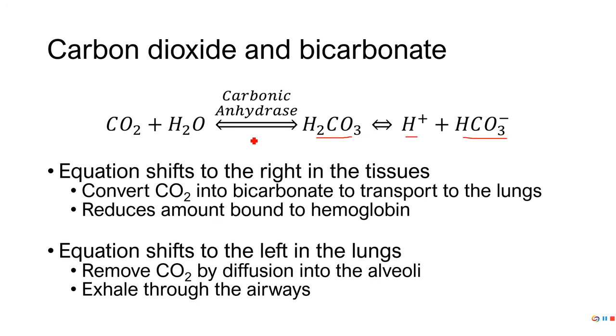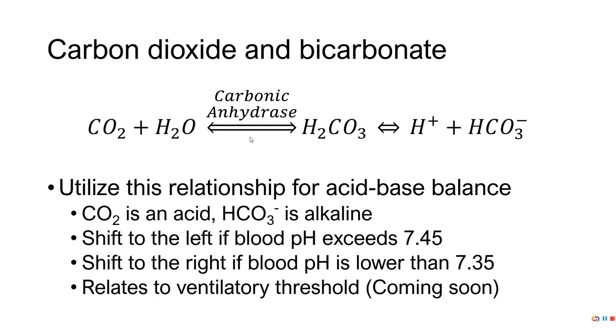It's also important to note, and this will be important during week 10, that this relationship matters because we can alter how much CO2 is in our bloodstream, and therefore how many hydrogen ions are in our bloodstream, with our ventilation.